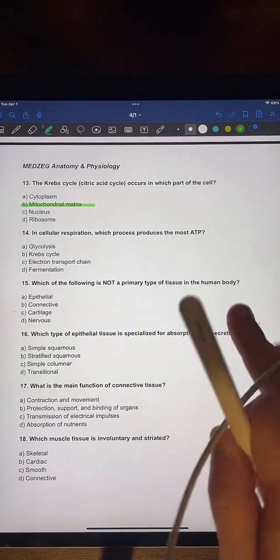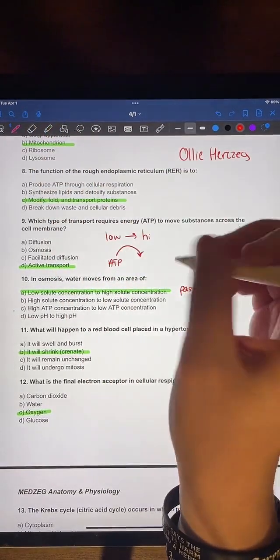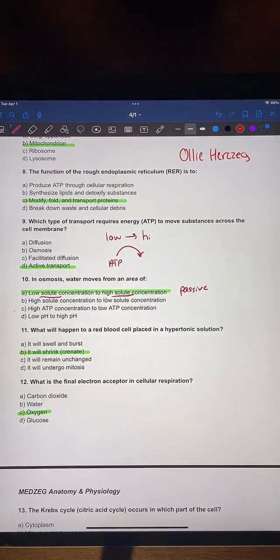This is high to low. Okay, so number 10, the water moves from high to low, but the solute concentration, guys, read the answer choices.